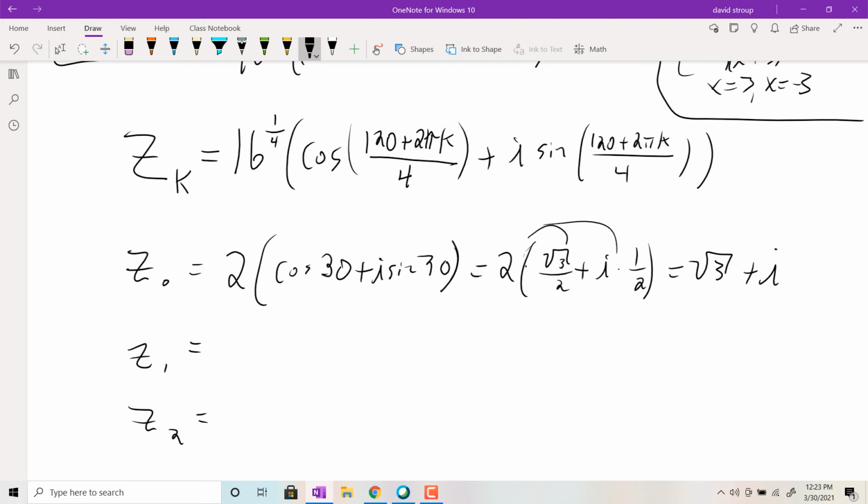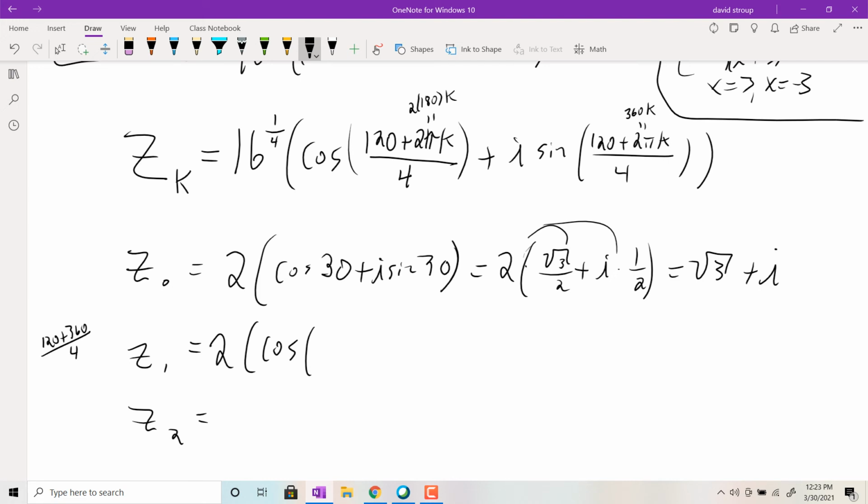Okay. Second root, still have a 2 there. And then that'll be cosine of, in this case, 120 plus 2 pi. We want to turn that into degrees. So this thing right here, we want to think of as 2 times 180. So 360 times k. All right, so 120 plus 360 all over 4 for our angles here.